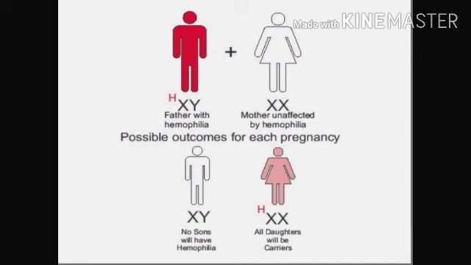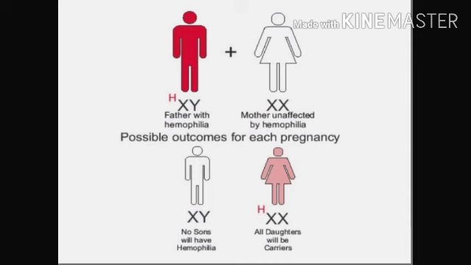How? Let's see. In this picture, I told you that it is a sex-linked recessive disease. In the father, X and Y chromosomes are there. The father has hemophilia, but the mother is unaffected.